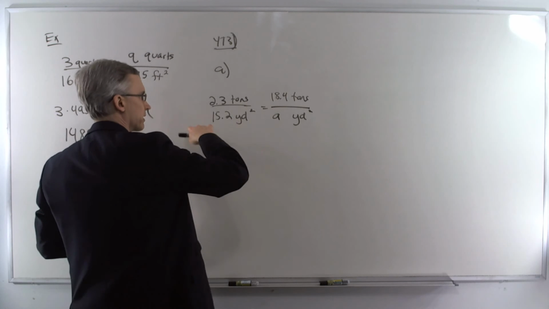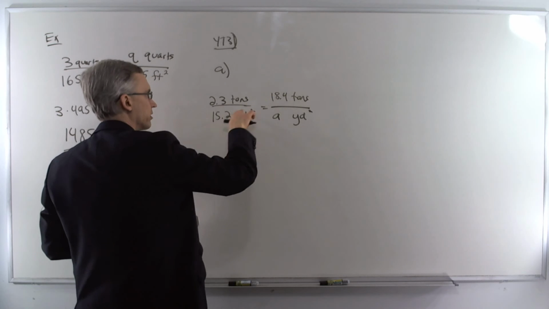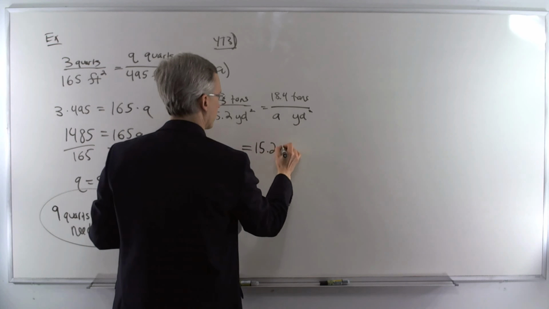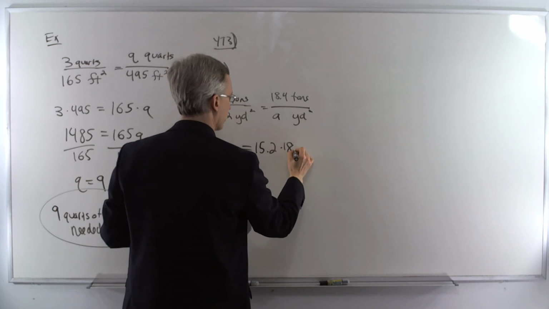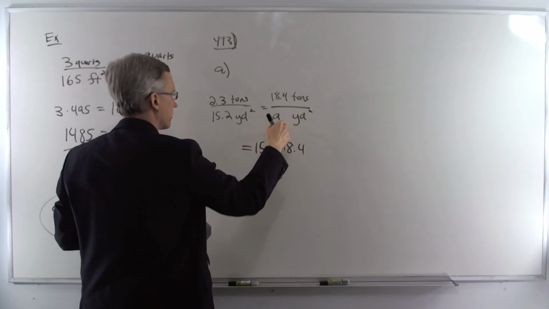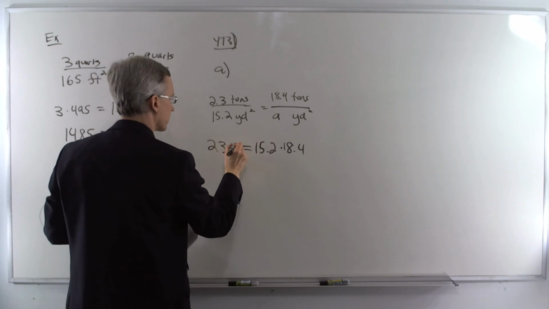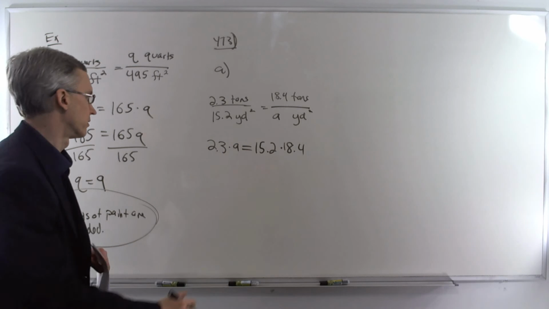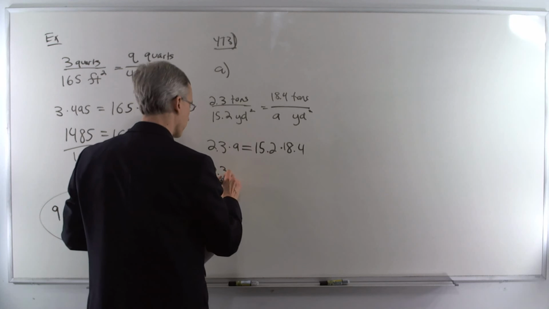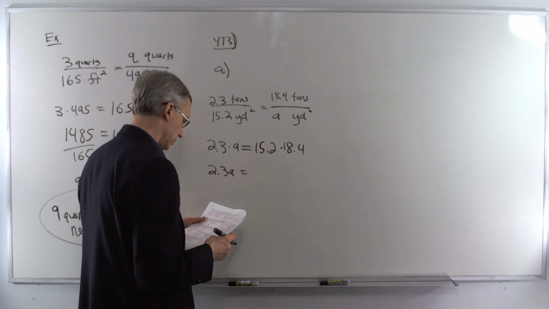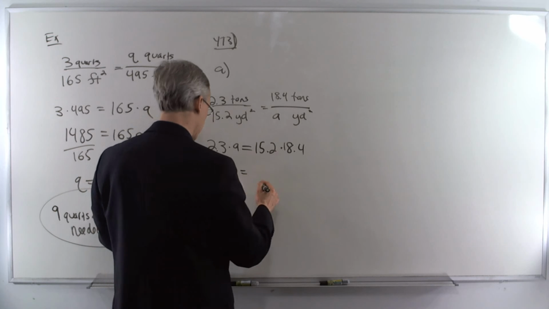Now we can cross multiply this all. So we'll start here, 15.2 times 18.4. And it doesn't matter which side of the equation you put these things on. 2.3 times A. So 2.3 times A. All right, there's our cross products. Now we can evaluate these. 2.3A equals, multiply this out to get 279.68.